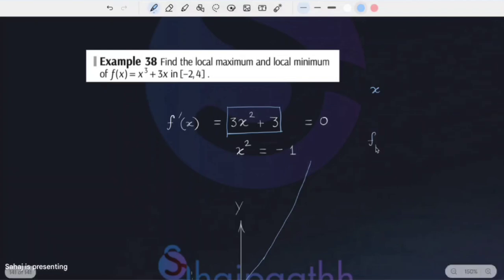So f min will happen at x equals -2: -2 whole cube plus 3 into -2. This is -8, -6, so -14. And if max, this will happen at +4.